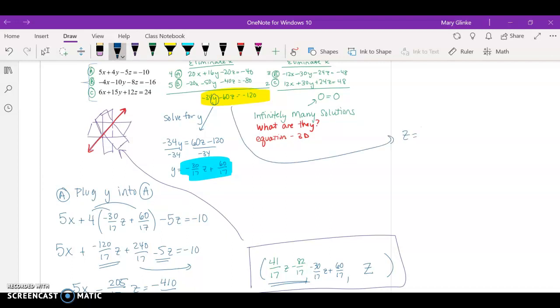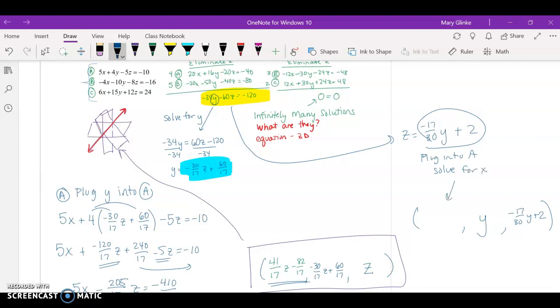Let's say we had solved for z. We would get negative 17 over 30y plus 2. And so we would write negative 17 over 30y plus 2 in our z spot. Since it's in terms of y, I would leave y alone. And then we would plug z into either A, B, or C, and we would solve for our missing one, which would be x.